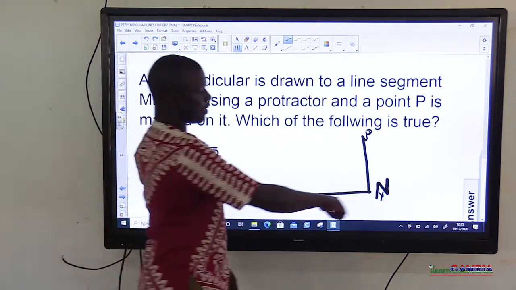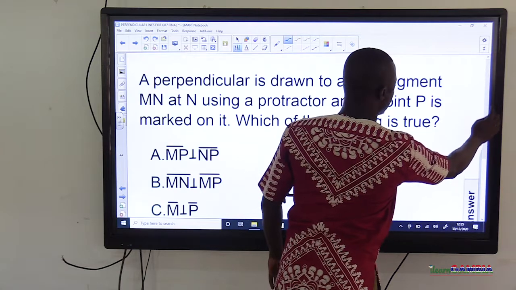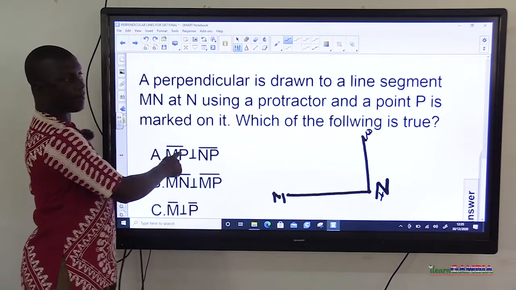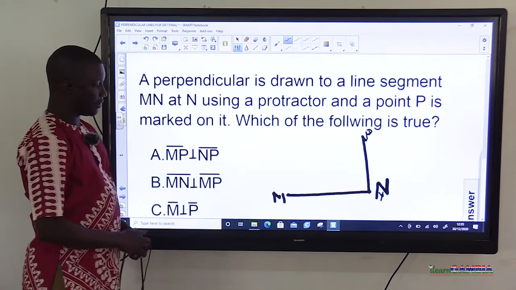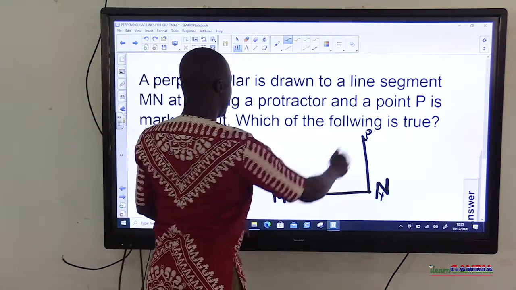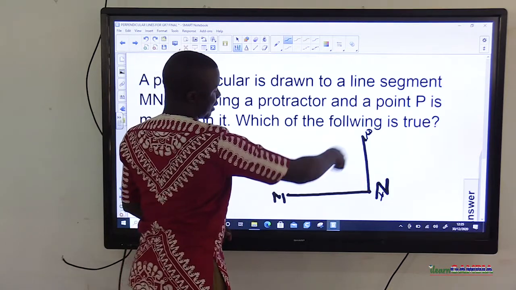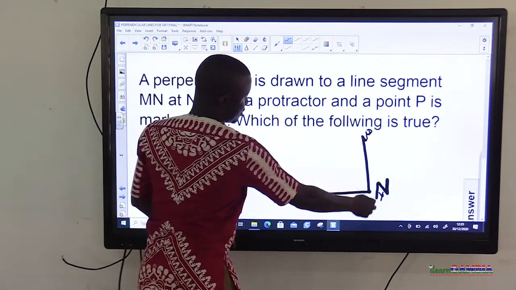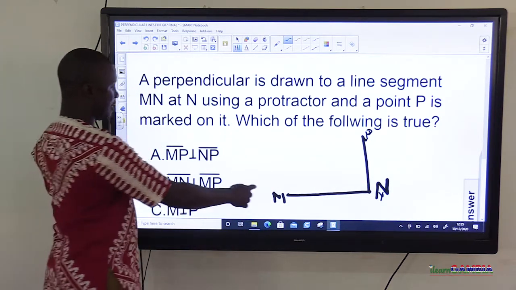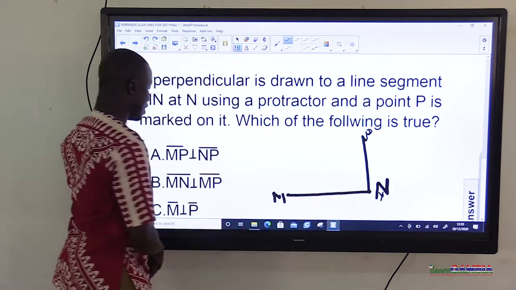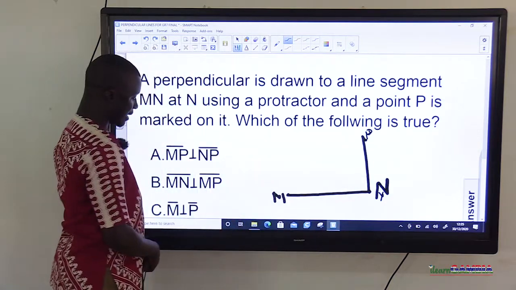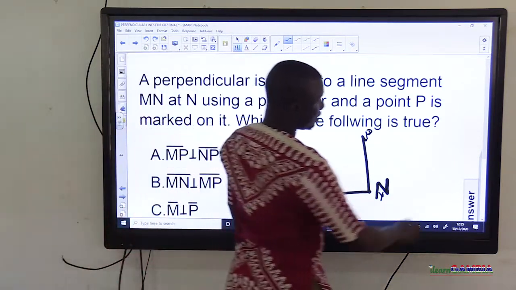Our options are: MP is perpendicular to NP. As you can see, M and P have no direct connection here. It's just this line here. And then we have line MN is perpendicular to line MP, which has no connection as well.